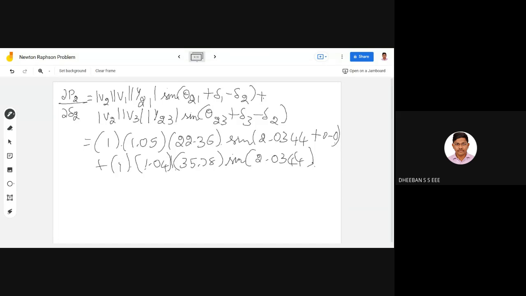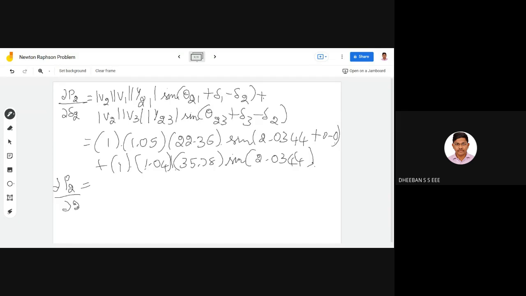Okay. So we'll be getting the value. Keep the calculator in radians and then substitute. So this one you have to get around.